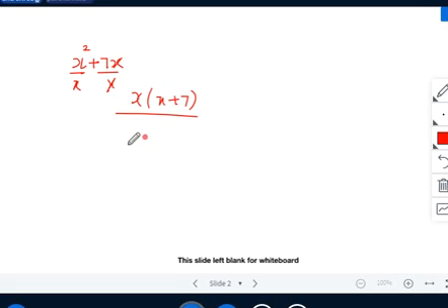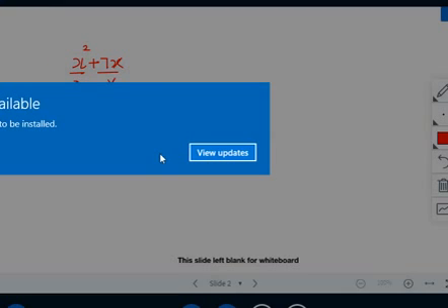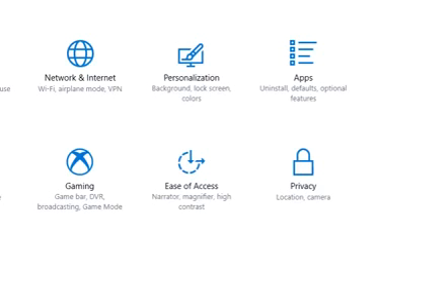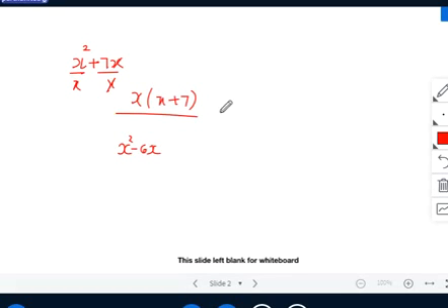Now in the same manner, you have to factorize this. X squared minus 6x. So it will be x in brackets x plus 6. No, x minus 6. Yes.